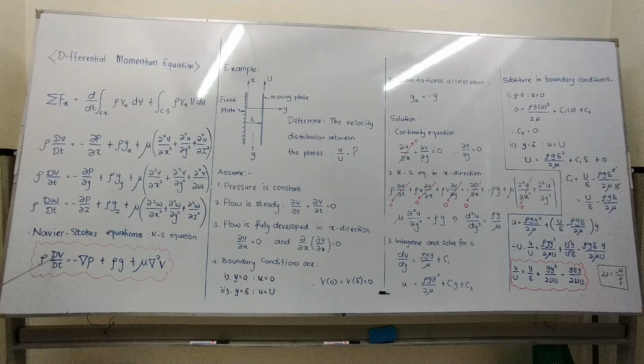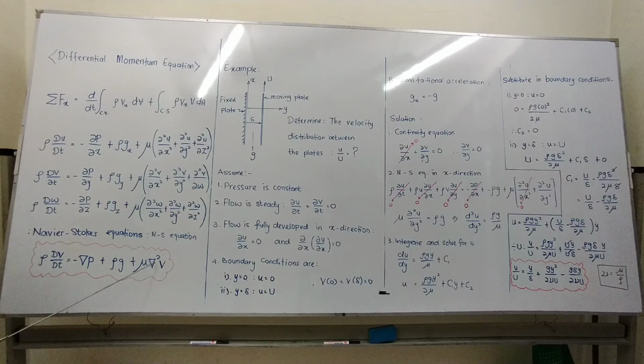So rho Dv over Dt, where v is the velocity vector for u, v, and w, equals the pressure drop, minus del operator p, pressure, plus rho g plus mu del operator squared v, where v is the velocity vector.